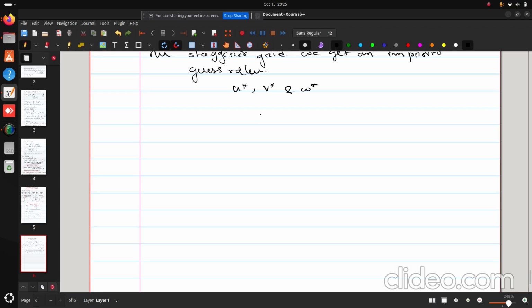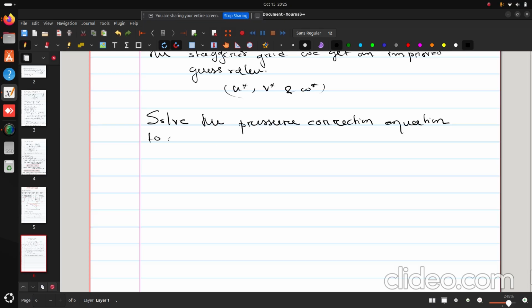And after we get the new values, then we solve for the pressure correction equation using these new improved guess values, right? Okay. So now we have the pressure correction term.